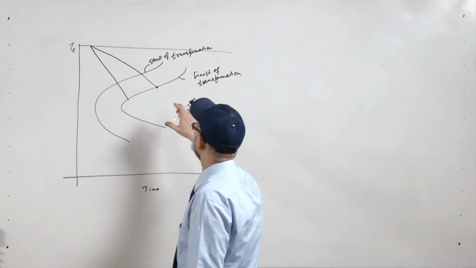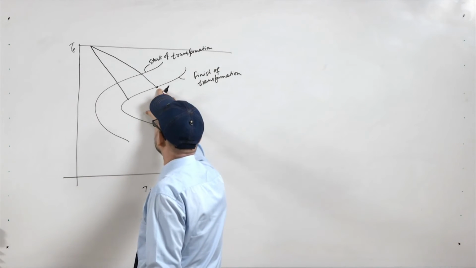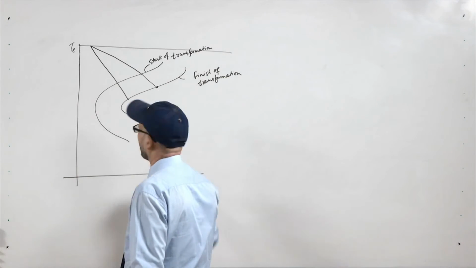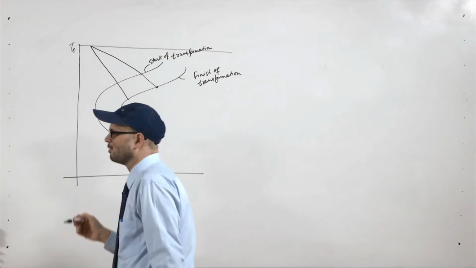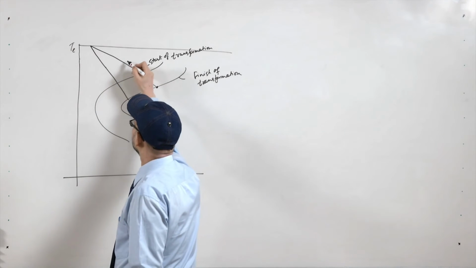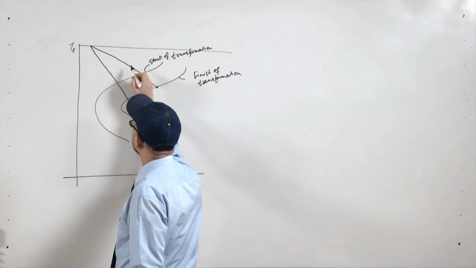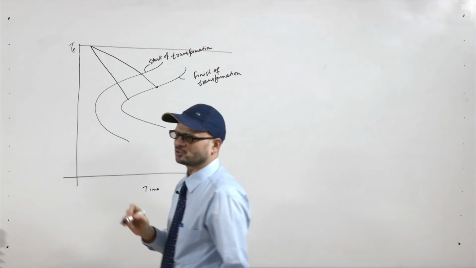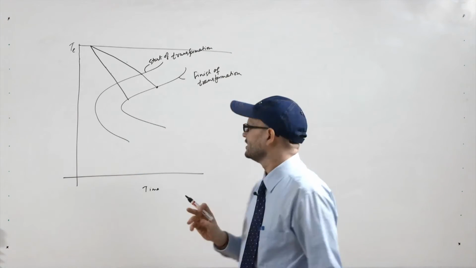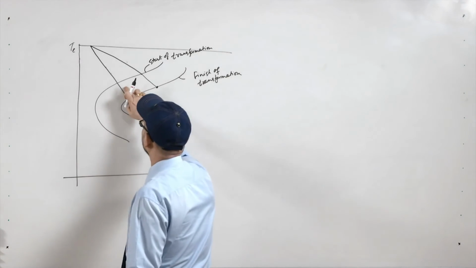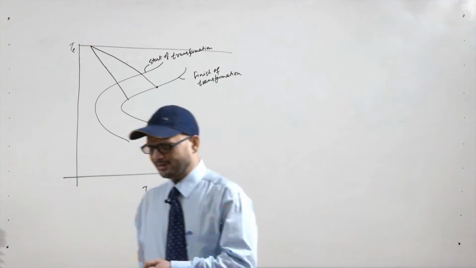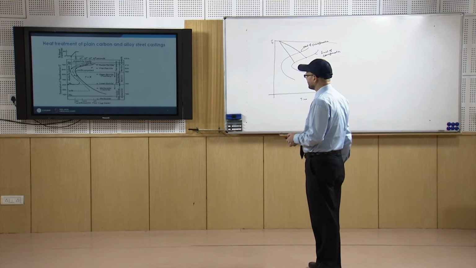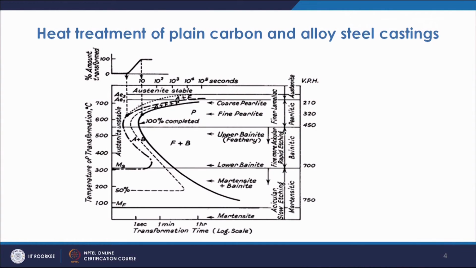For a certain temperature drop you take this much time, and you take a smaller time for this temperature drop. If you take these two lines, the cooling rate given is higher in this line. Depending upon this TTT curve, you can predict what kind of structure you are going to get.